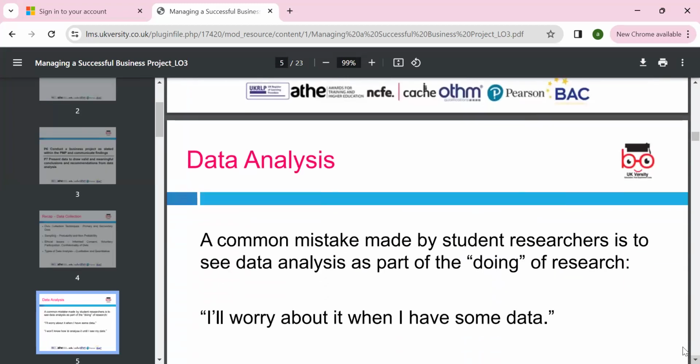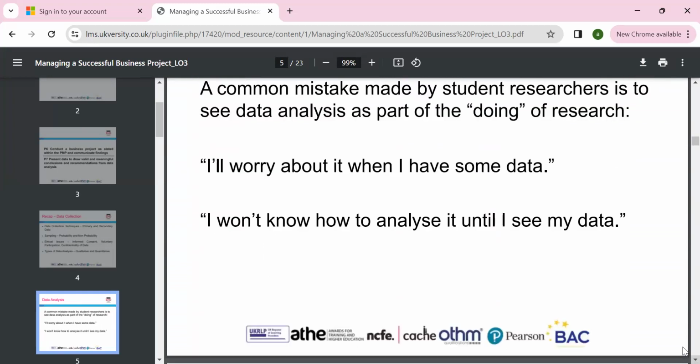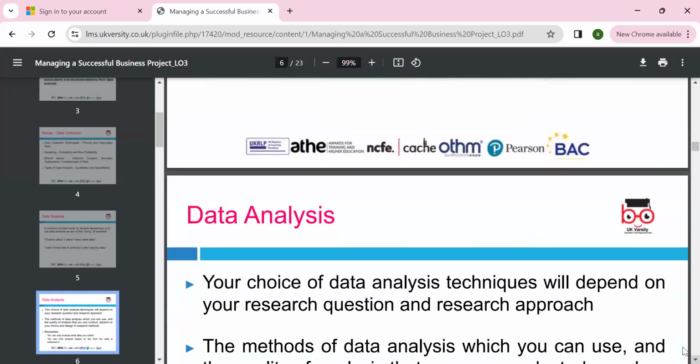Data analysis. A common mistake made by student researchers is to see data analysis as a separate part of doing research. They worry, when I have some data, what will I do? I won't know how to analyze until I see my data. Instead, you choose the data analysis technique.